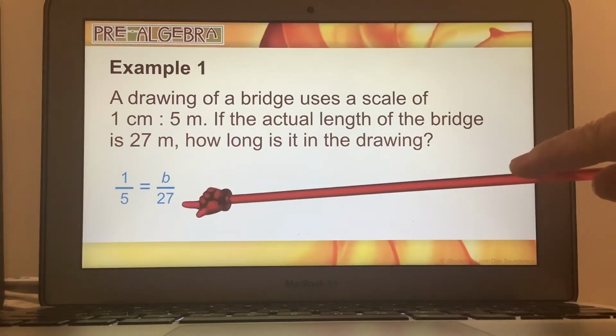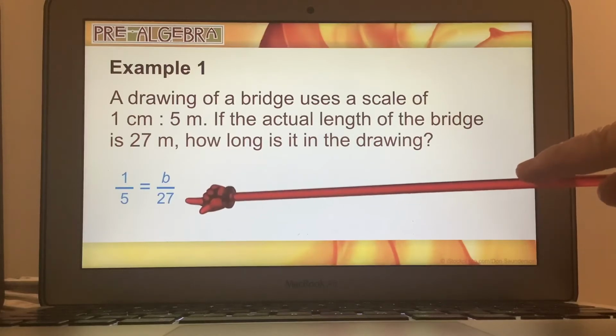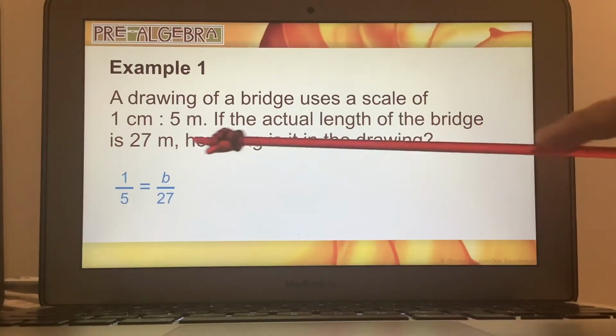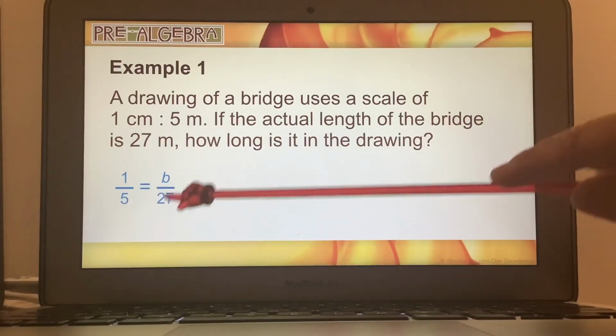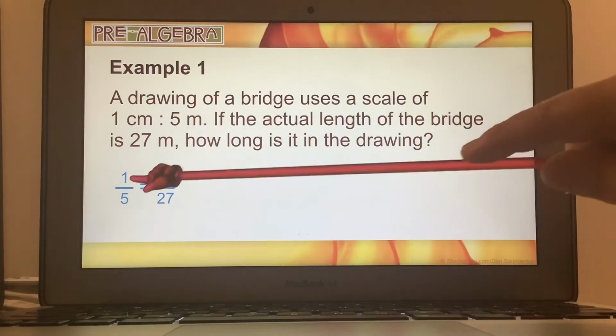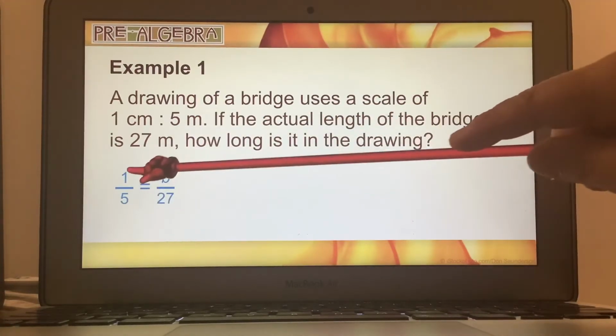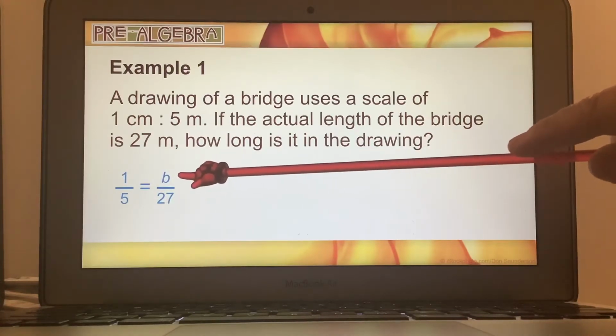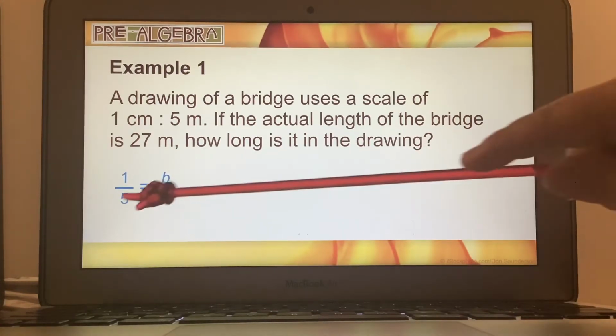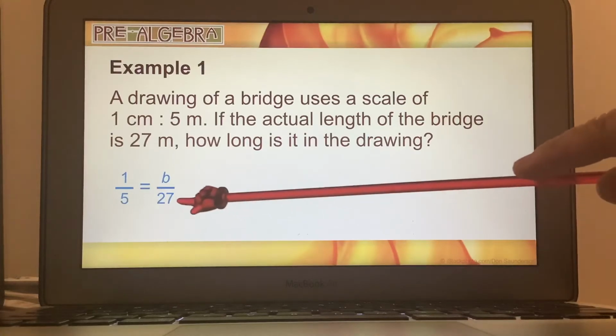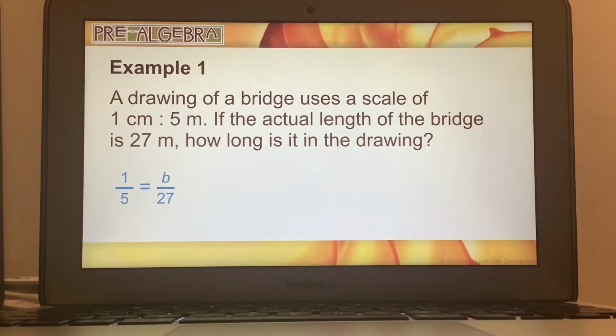And then the actual length of the bridge is 27 meters. That's going to be on the bottom, because the bottom here, 5, that's your meters. So I have 1 centimeter to B centimeters, and then 5 meters here, and 27 meters here.